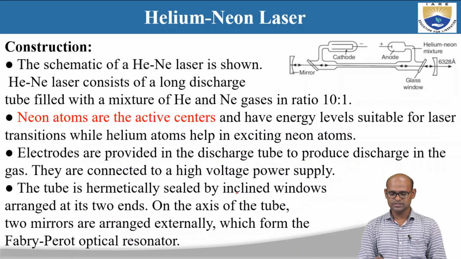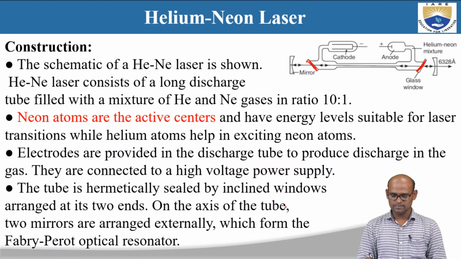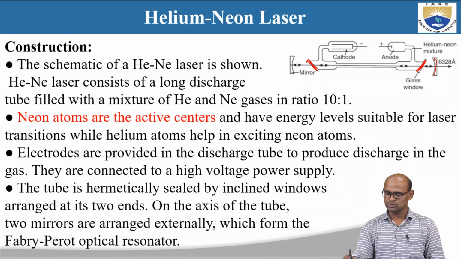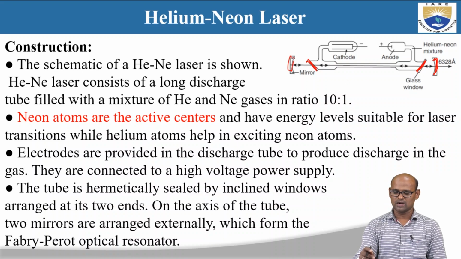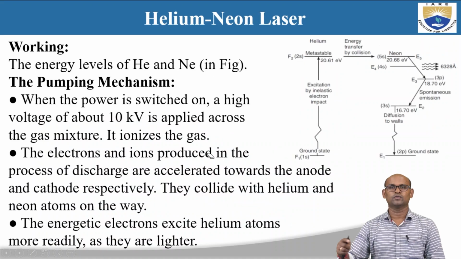The tube is hermetically sealed by the inclined window, so that there is no leakage of gases. On the axis of the tube, 2 mirrors are arranged externally, which form the Fabry-Perot mirror. So there are 2 mirrors to form the optical resonator for the positive feedback of photons.